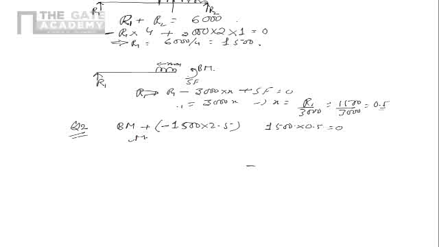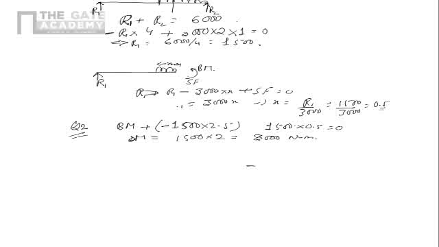So the bending moment is equal to 1500 multiplied by 2, so that is equal to 3000 Newton meter. That's the unit right now. So that's the maximum bending moment in the beam.